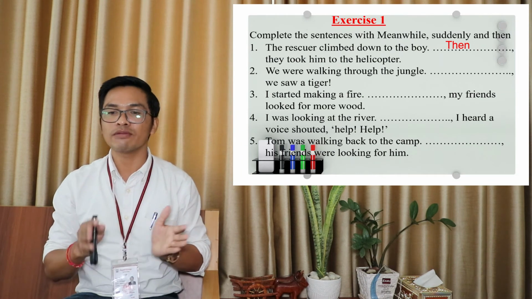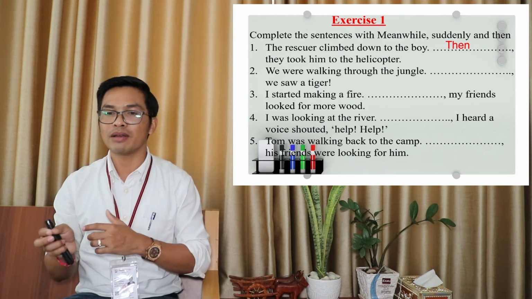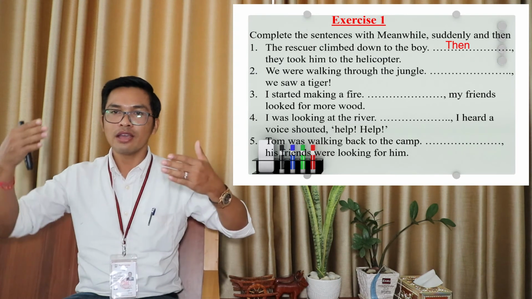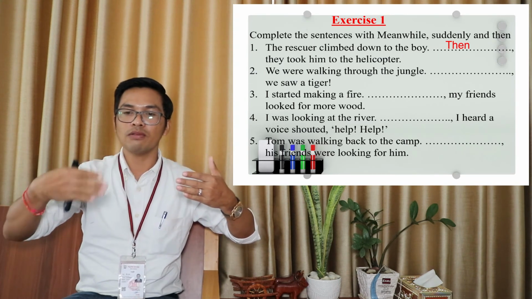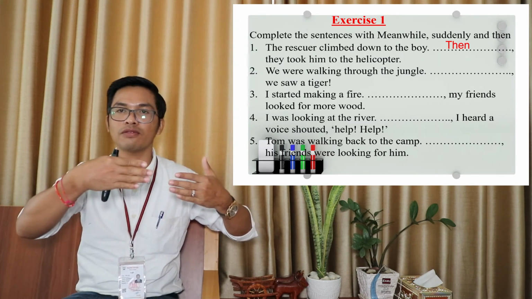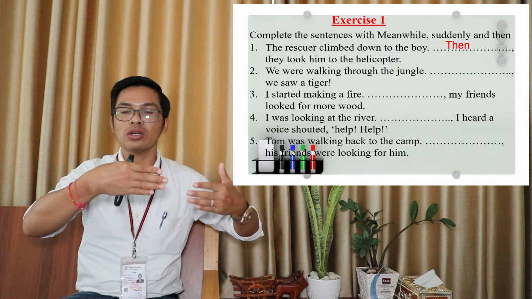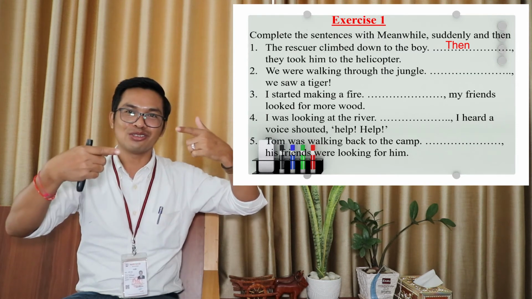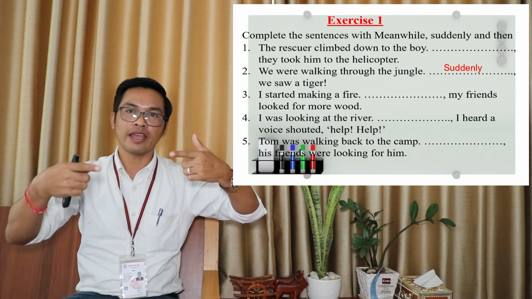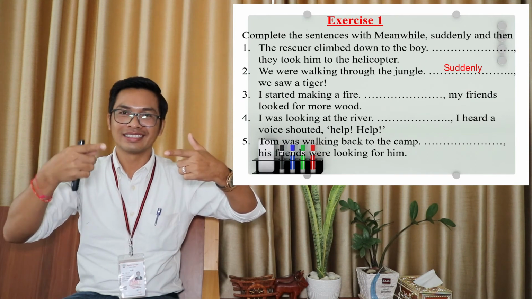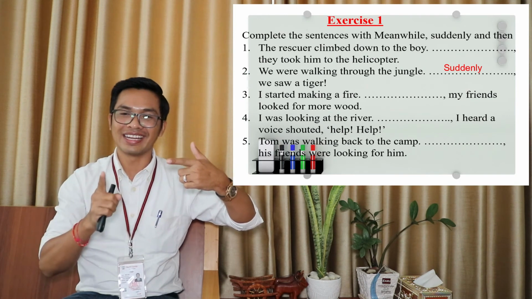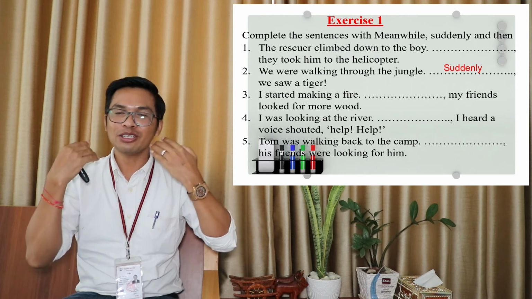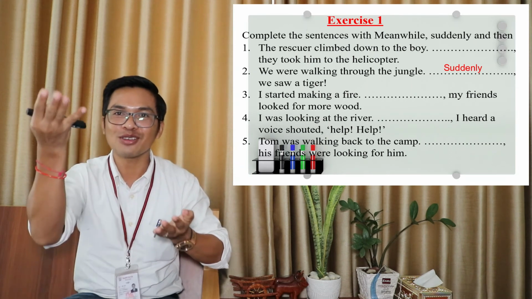And number 2: we were walking through the jungle, blah blah blah, we saw a tiger. So what do you use here? Meanwhile, then, or suddenly? The best word is suddenly, right? Because when you were doing something, suddenly you saw a tiger.